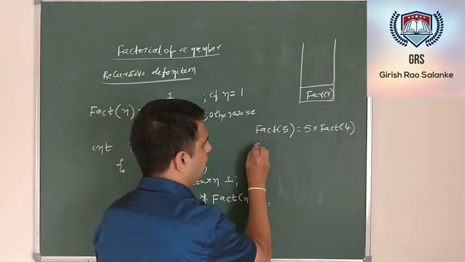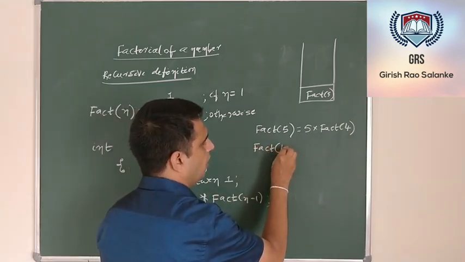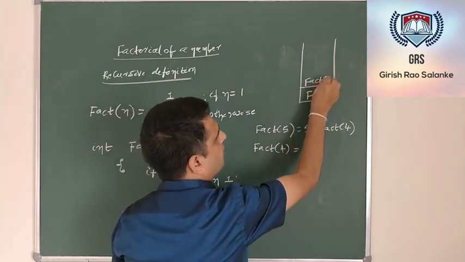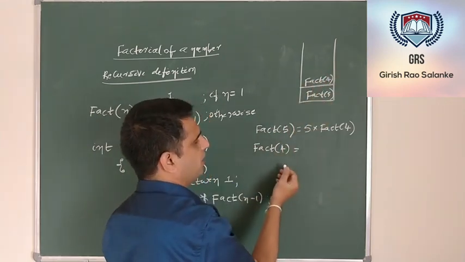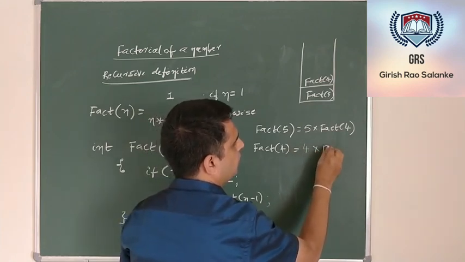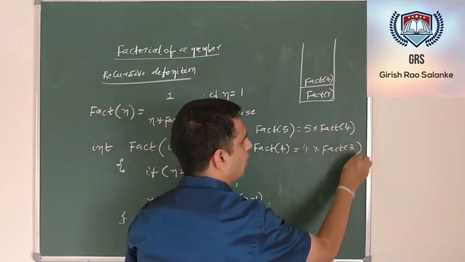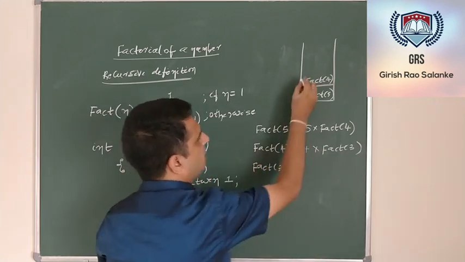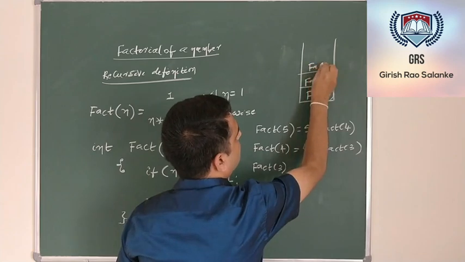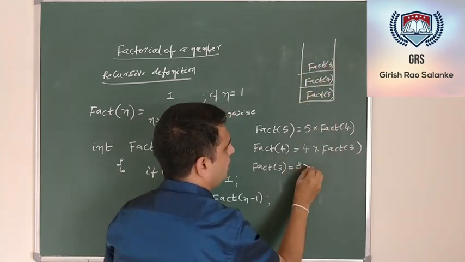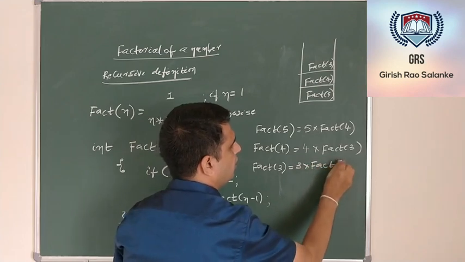Now fact of 4 is being called for execution. Fact of 4 is pushed onto the stack once again. Fact of 4 is expressed as 4 into fact of 3. Now I am calling fact of 3. This fact of 3 will not be executed directly. In turn, it will be pushed onto the stack, and I can express fact of 3 as 3 into fact of 2.